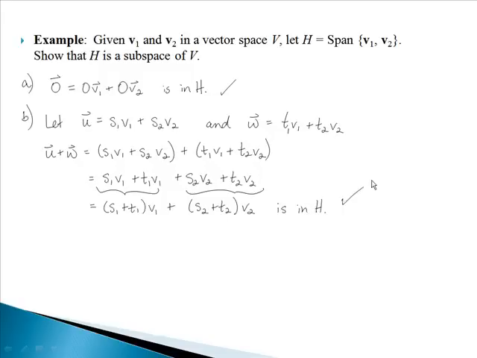So we've now shown that it's closed under vector addition, and now we want to show that it's closed under scalar multiplication.